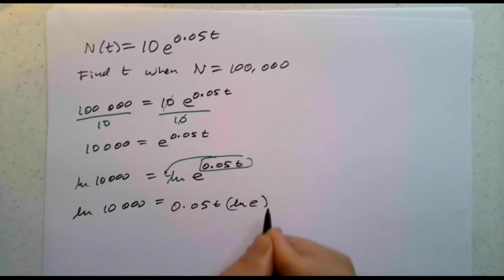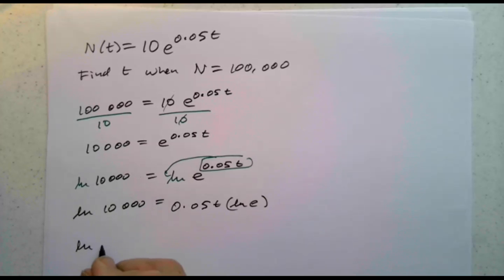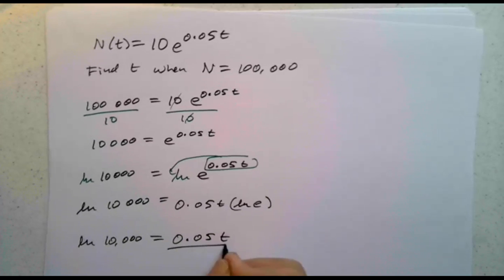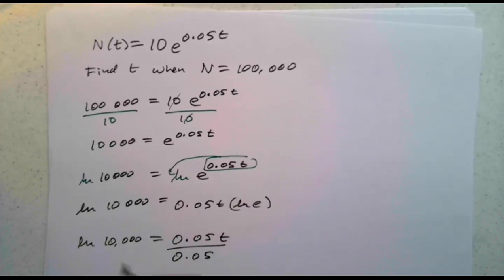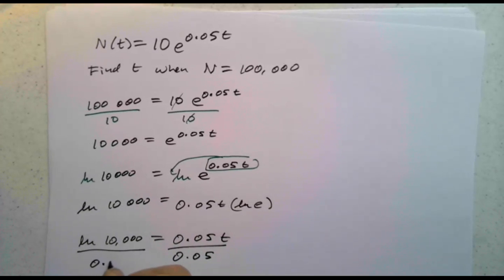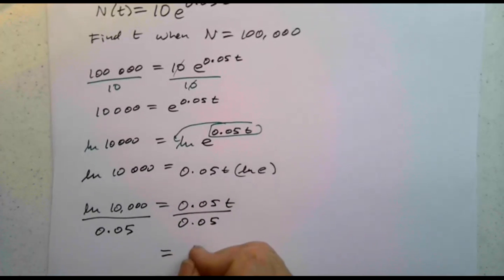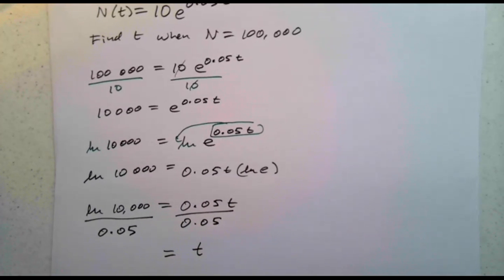But the natural log of e is just 1. So natural log 10,000 is 0.05 t. Dividing by 0.05, we have t equals natural log 10,000 divided by 0.05.